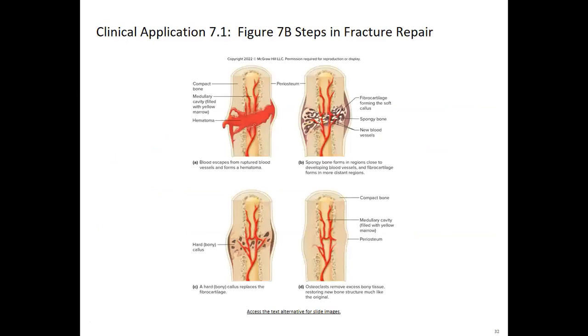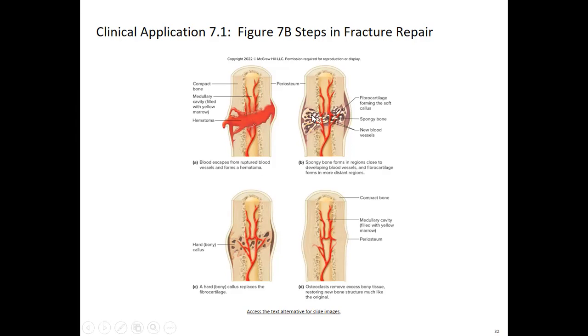So this is an image of those steps. You have the hematoma in this top left picture, or A, where the blood vessels leaked blood into the area. And then it formed a blood clot that eventually helped these blood vessels to stop leaking blood into the area. Then you had that soft callus form in this area.